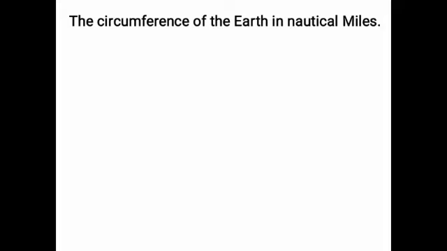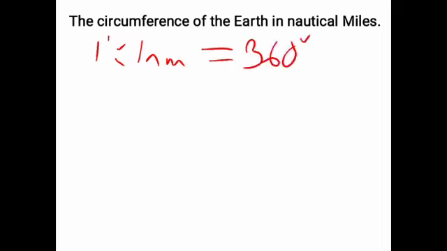The first thing you have to do is understand this ratio. 1 minute is to 1 nautical mile, this should be equal to 360 degrees is to the circumference.